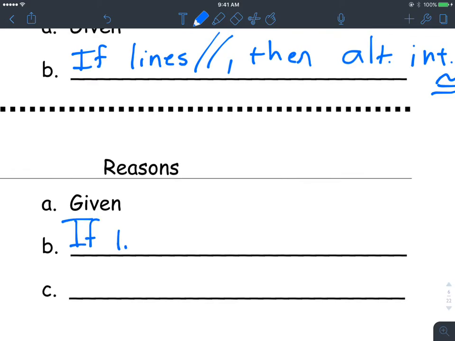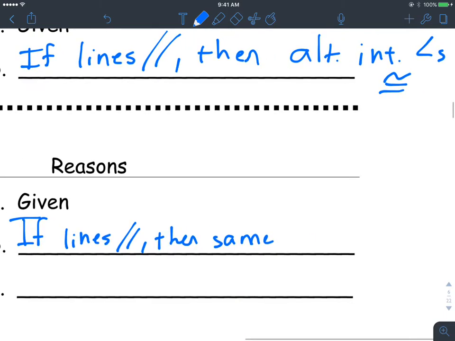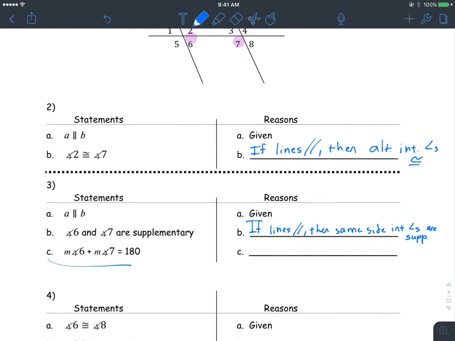If lines are parallel, then same side interior, or you could say consecutive interior. Usually I teach it as consecutive interior, but same side interior, consecutive interior angles are supplementary.